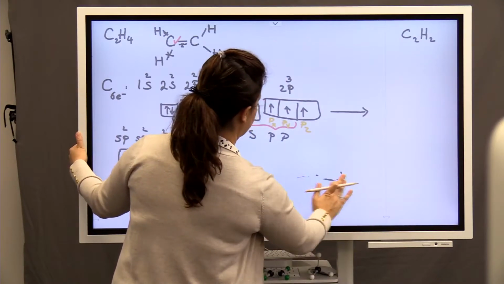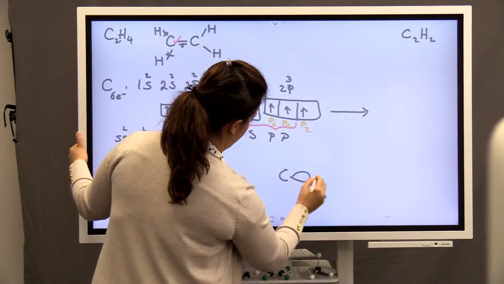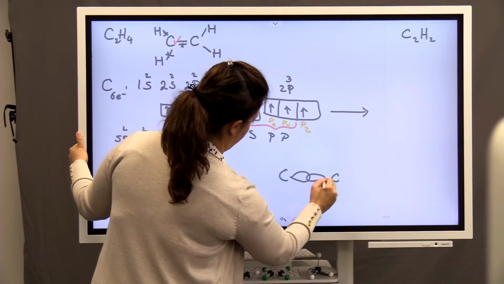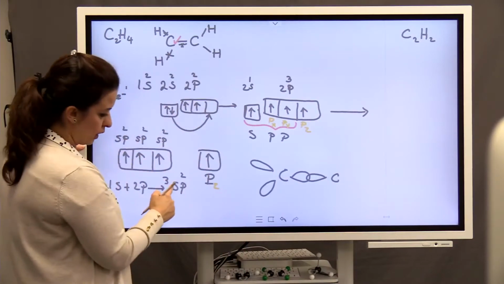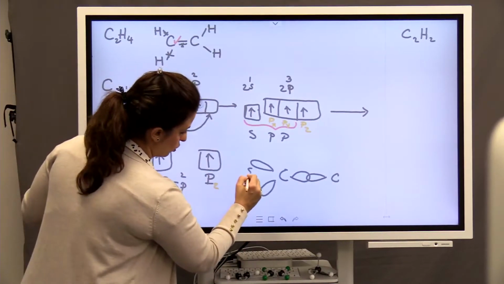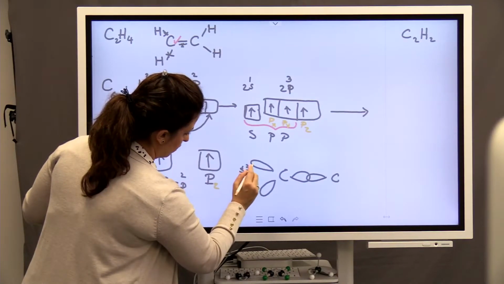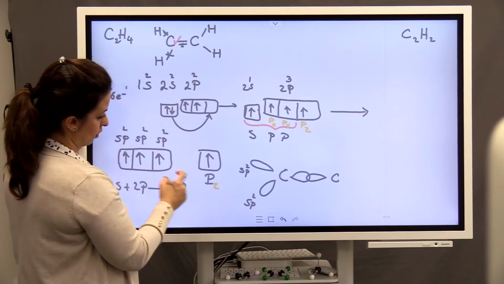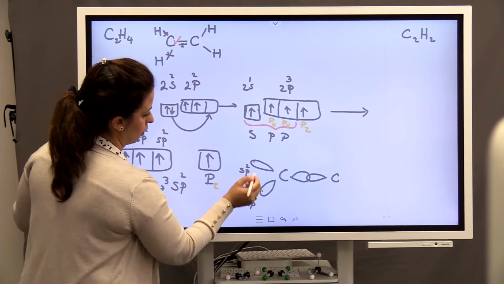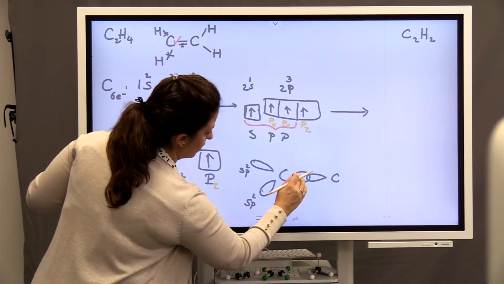Oops, don't have enough space, so all right. These are 3 sp2 orbitals for each carbon. sp2, sp2. How many electrons in each? 1. sp2 here for this carbon.